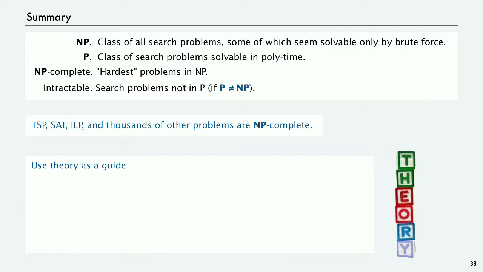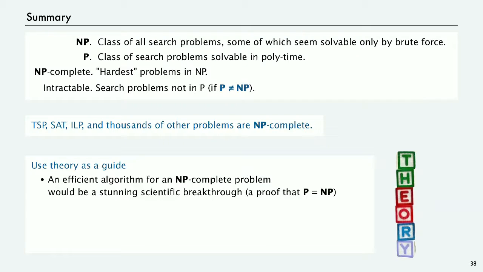And our idea about this theory is to use it as a guide when faced with a practical situation. If you have an NP-complete problem, you need to know that finding an efficient algorithm, a guaranteed polynomial time algorithm, for that problem would be a stunning scientific breakthrough. It would be a proof that P is equal to NP.